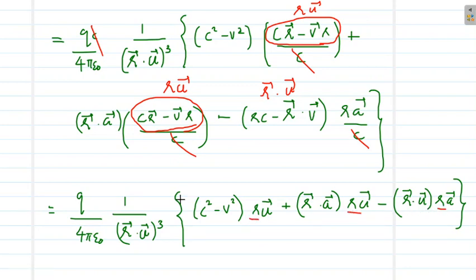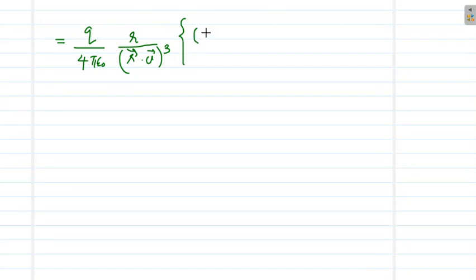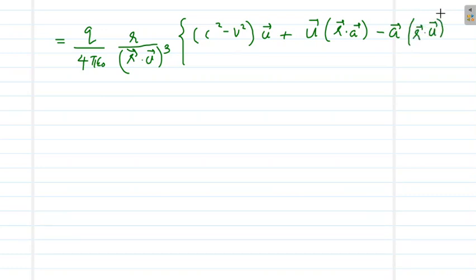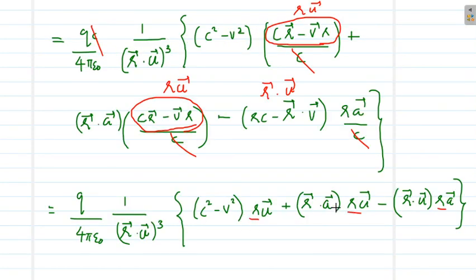So let us take that curly R as a common term. So electric field E is equal to Q by 4 pi epsilon 0 into R divided by (R bar dot U bar) the whole cube, into (c squared minus v squared) into U bar plus U bar into (R bar dot A bar) minus A bar into (R bar dot U bar). So this will be our final expression.